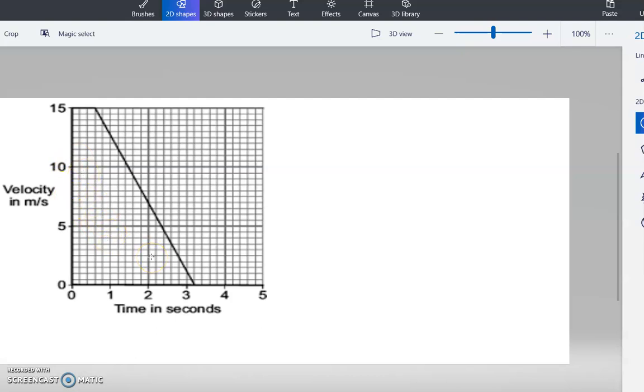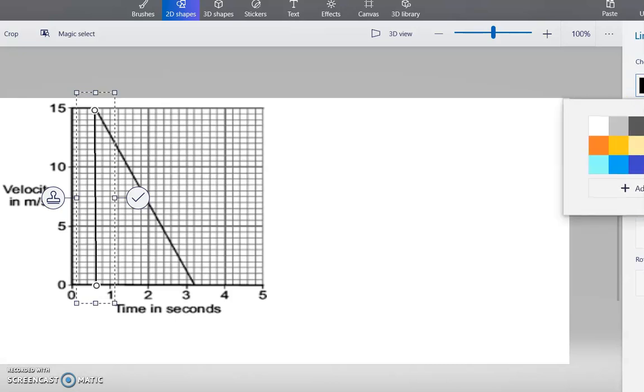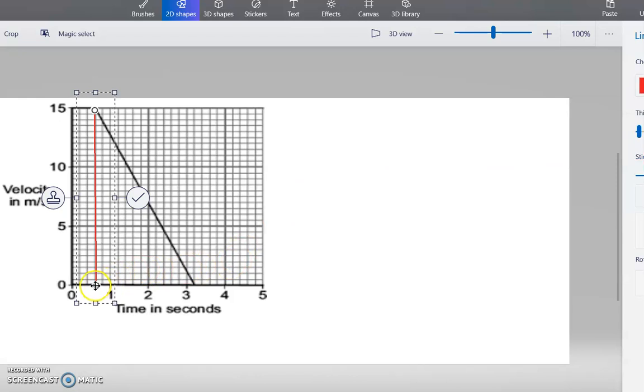So here I have a velocity time graph. And this graph actually shows how the velocity of a car is changing over time during the reaction time and the braking time. So first I'm going to divide this graph into two parts. So the first part is, let me change the color, the first bit here.